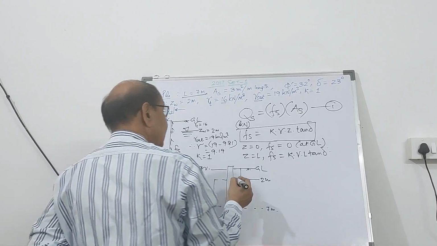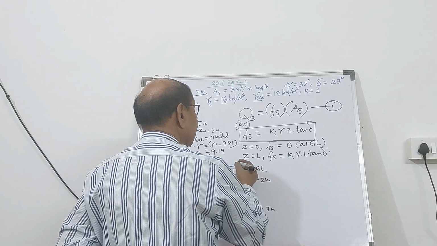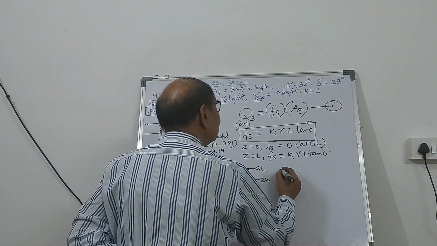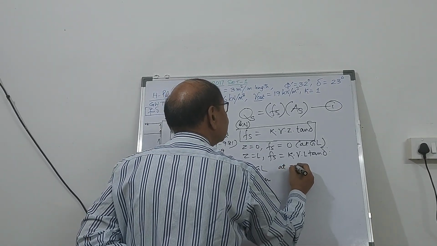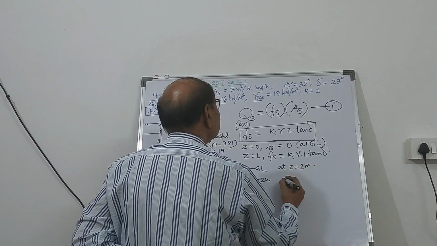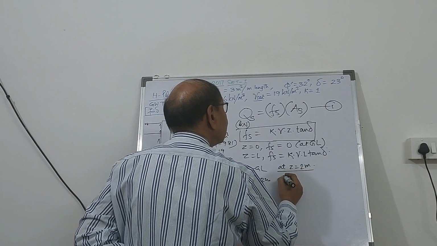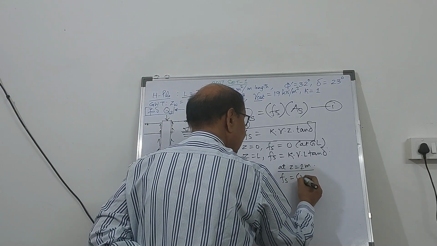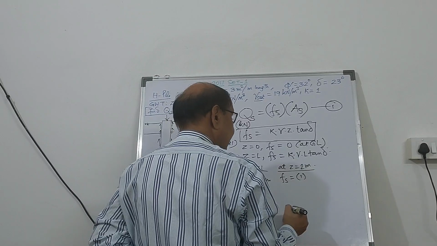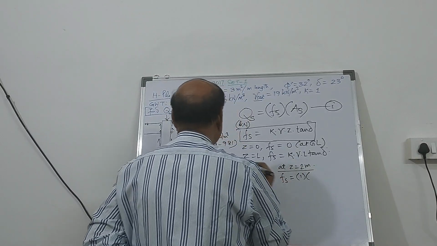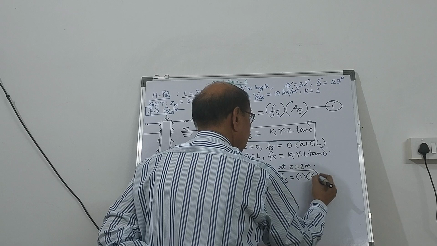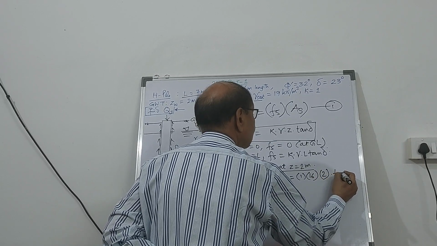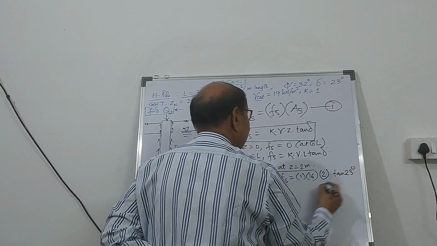So the pressure distribution Fs can be calculated very easily at Z equal to 2 meter. The unit skin friction will be K, that is 1, gamma value is 16, and Z is 2, into tan 23 degree.